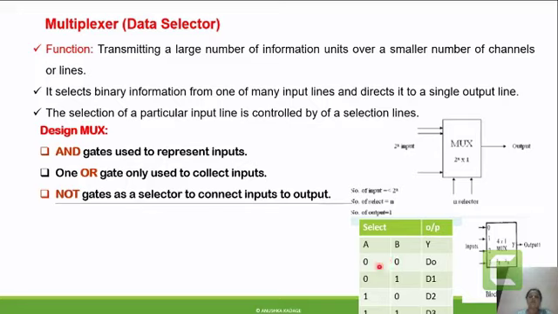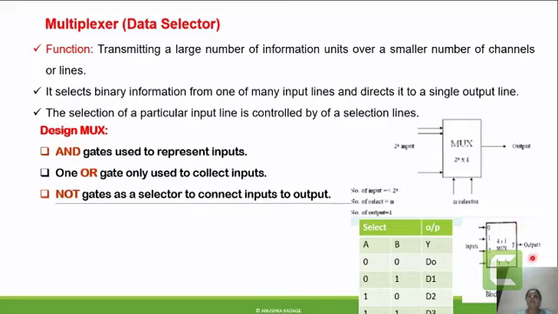And that's why with the first combination of AB, that is 00, D0 will be presented as output. With the second input combination, 01, D1 will be presented as output. With the third combination, 10, D2 will be presented as output. And finally with the combination 11, D3 will be presented as the output.